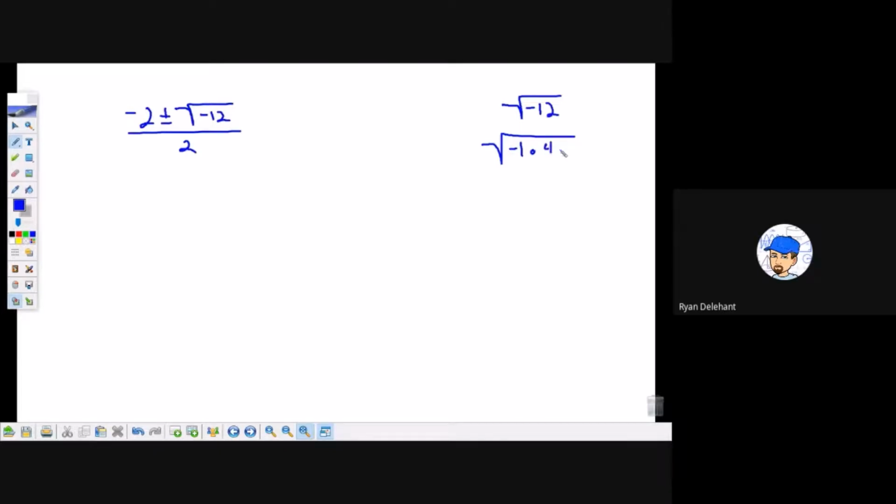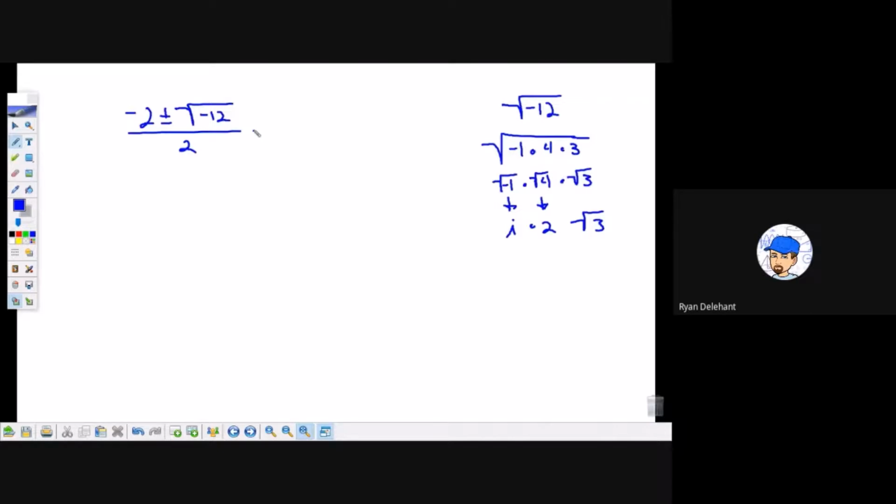That's 4 times 3. So this is the square root of negative 1 times the square root of 4 times the square root of 3. And these two things have square roots that we know how to write. This is i. This is 2. Nothing changes with that one.